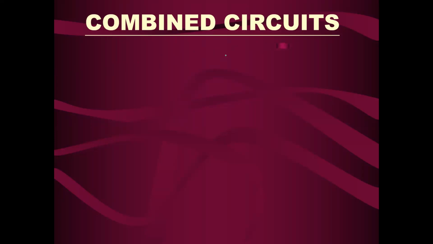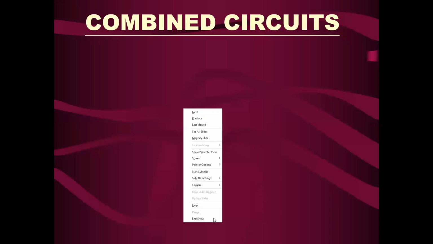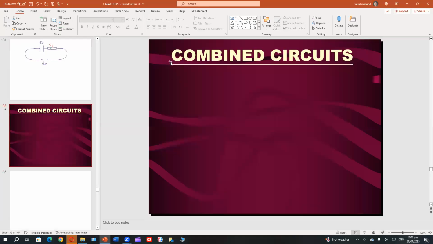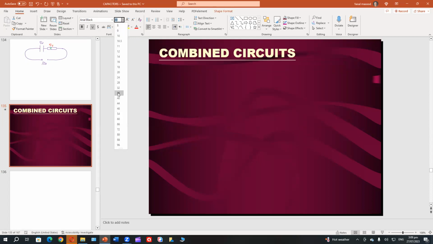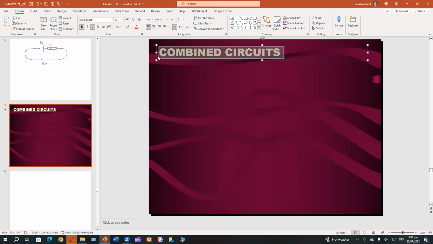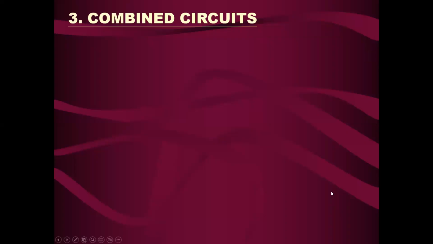Now we move to our next title, combined circuits. Actually, we were doing capacitors in series, capacitors in parallel, and now we are putting the third number. I think we made a list. If you can check for me, I think this was the third one on the list. Right. So this is combined circuit number 3. Combined means series and parallel both.